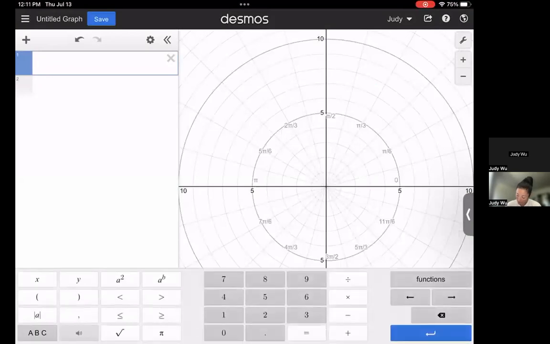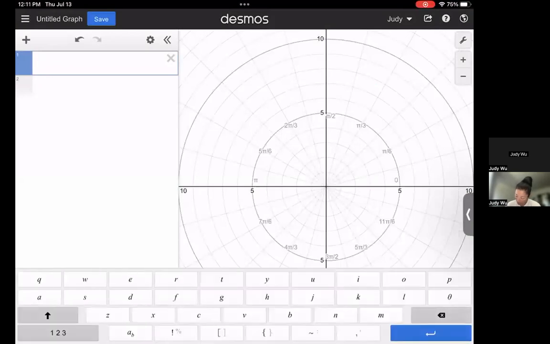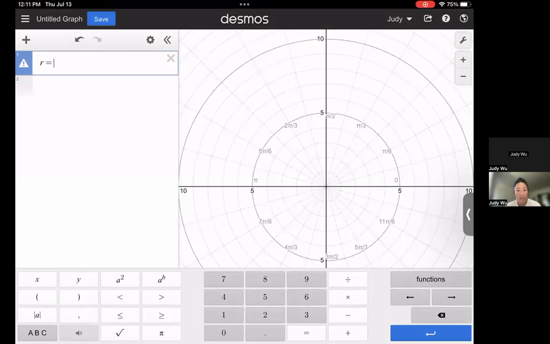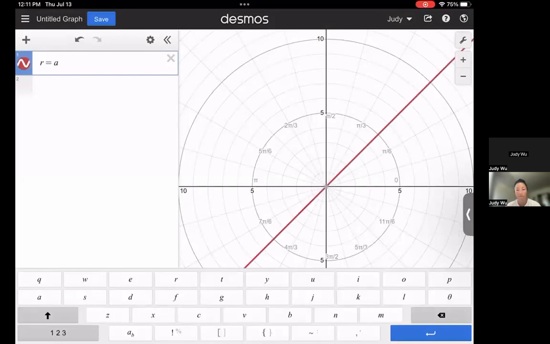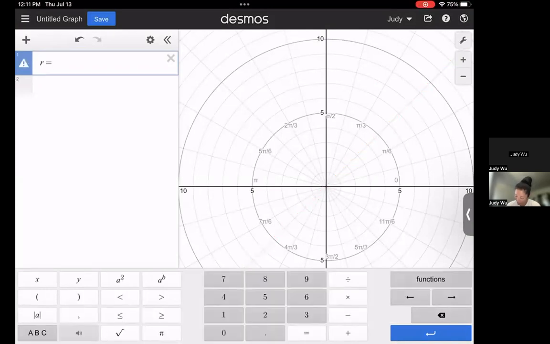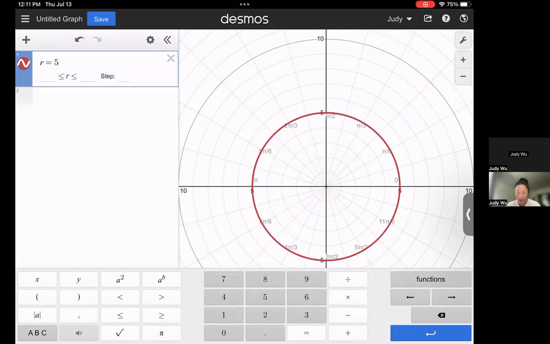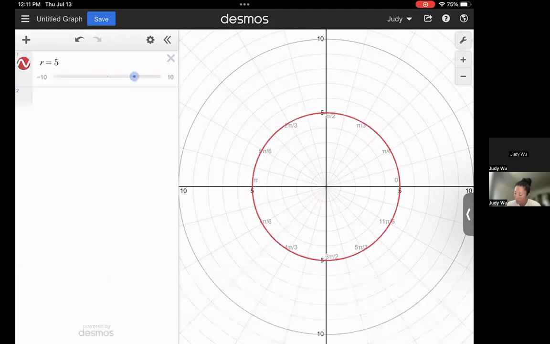All right, so I'm going to type in r equals, and then I'm going to type in the letter a. Okay, r equals a. Let's pick a number for that, actually. Let's go r equals 5, okay? If I say r equals 5, looks like I have a circle, all right?